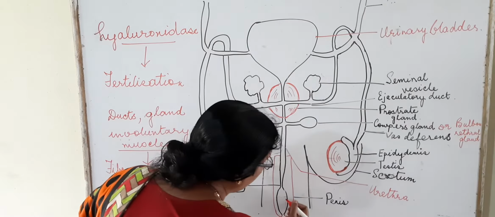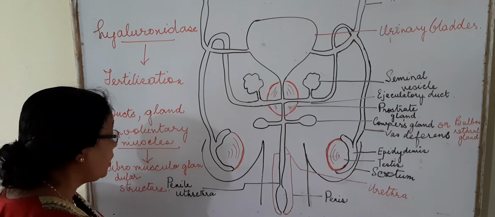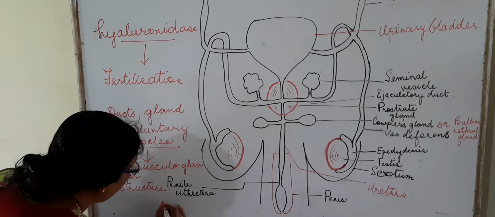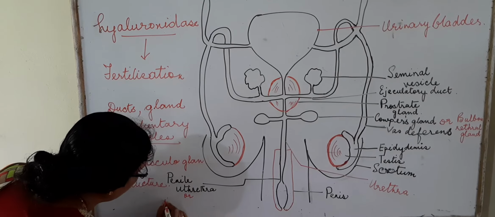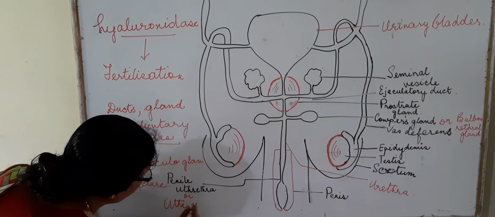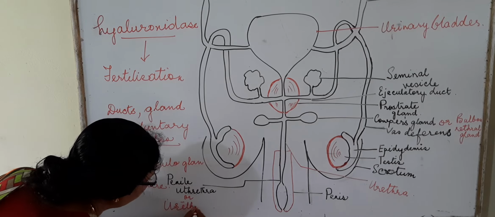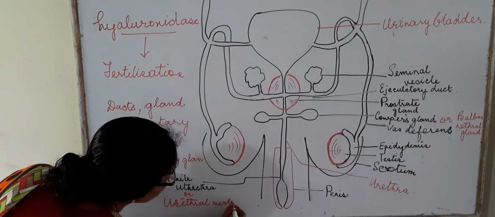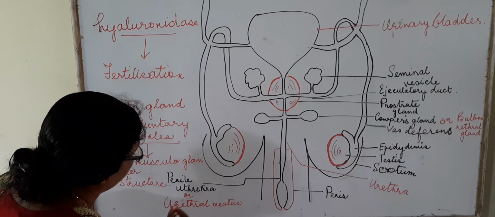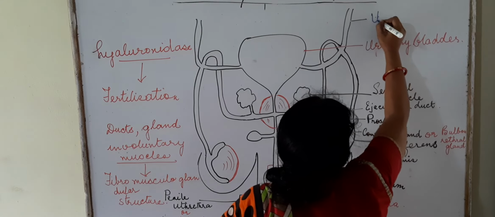The whole structure is the penis, the copulatory organ, and the pore is known as the penile urethra or the urethral meatus. This is the urethral meatus.